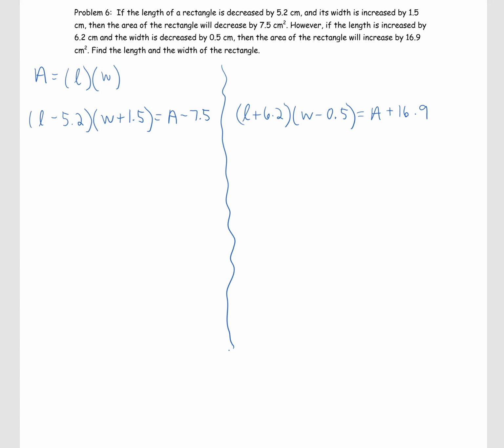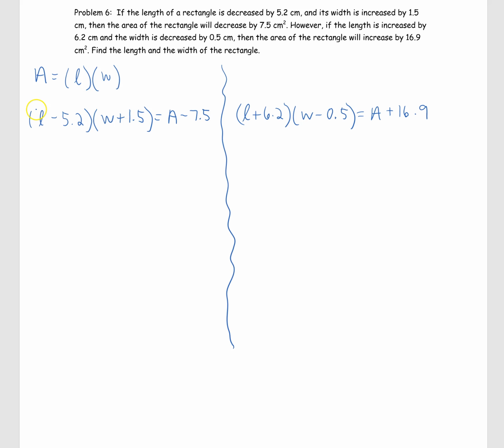I'm going to start with this equation on the left, and the first thing I want to do is plug in what we know about the area. We know that the area A is equal to L times W, so I can plug in L times W for A here. And the other thing I want to do is multiply these brackets out.